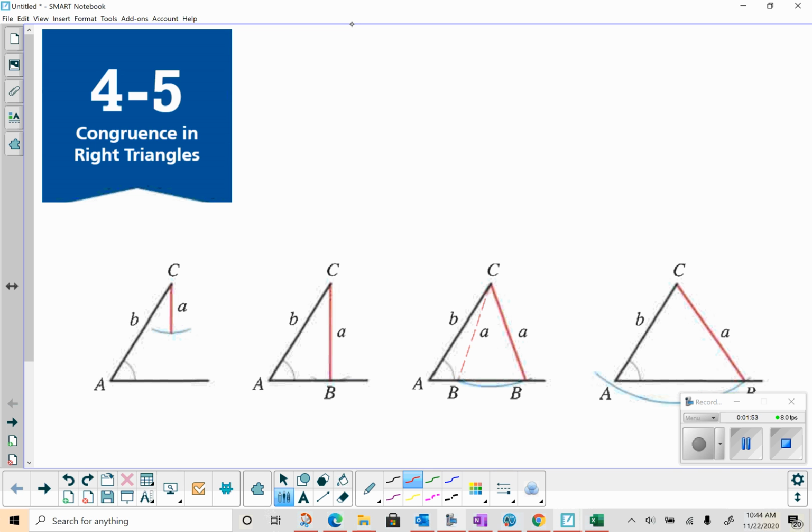With the first one on the far left, if side A is significantly shorter than side B, it won't even close up to make a triangle in the first place. If side A is a little bit longer, still shorter than B, we might get the perfect measurement, so we get one point of intersection. There's only one location for point B, in which case we would get congruent triangles.